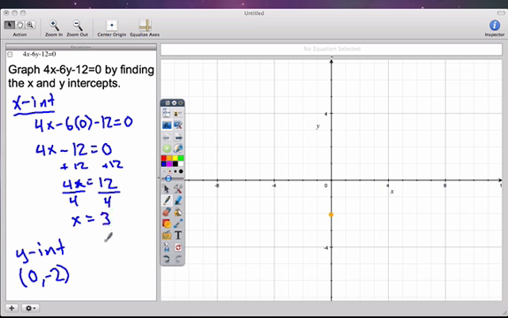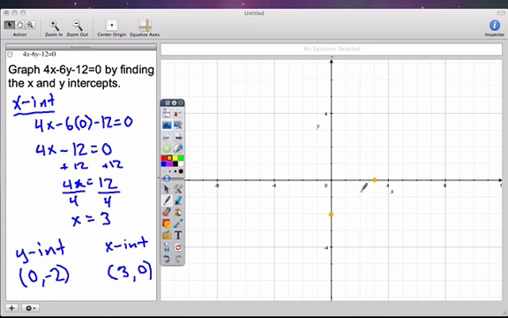So our x-intercept is 3, and the coordinates for that will be (3, 0). Now we can go over and plot that point on our graph at (3, 0).